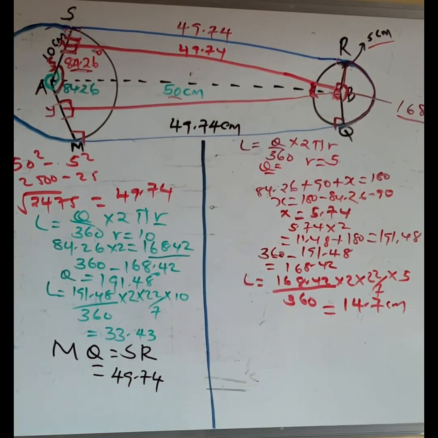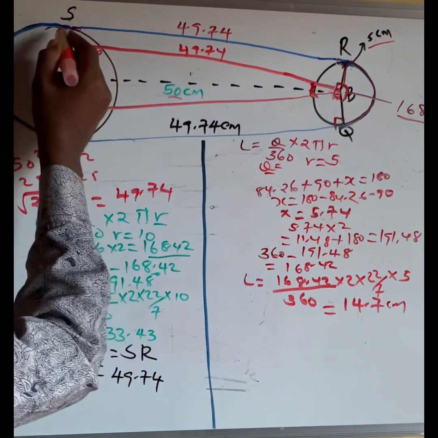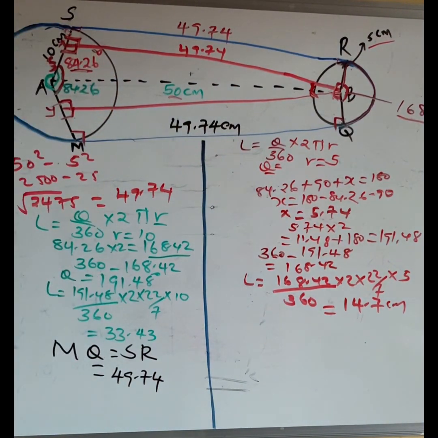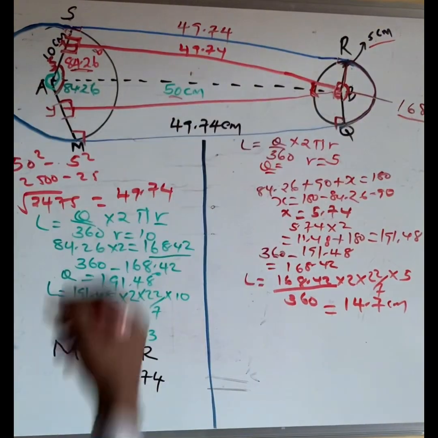Now we have everything. Now we can find the length of the belt, which is, we said, SR plus the length of the arc SM plus the length of MQ plus the length of RQ.